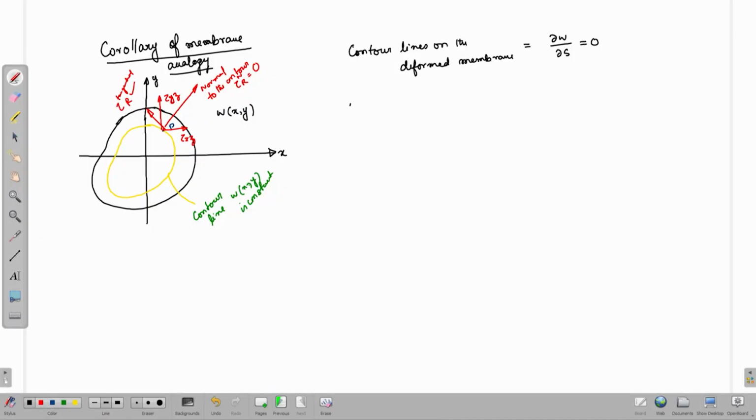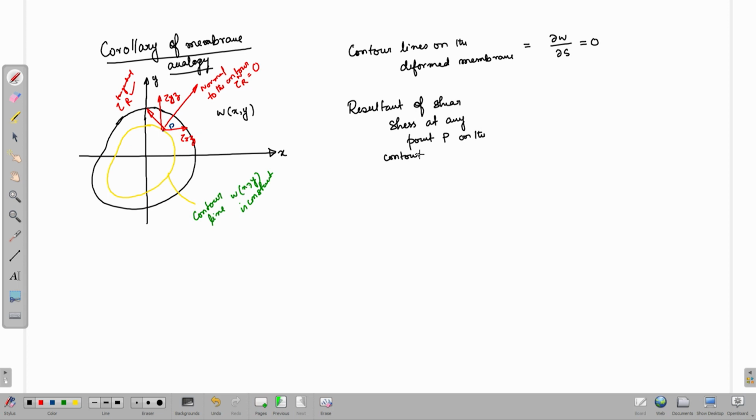Now, let us find out the resultant of shear stress at any point P on the contour. Either we imagine that the point P is in the contour, or once we know P, let us imagine a contour line through that point.